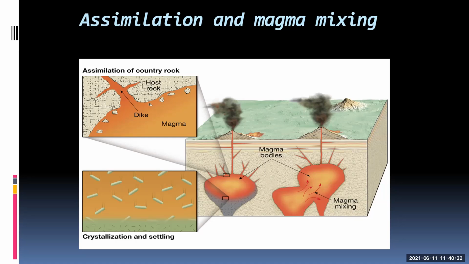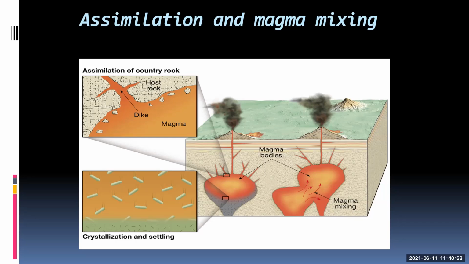The rock that surrounds a magma chamber is often called the host rock or the country rock. Taking bits of that host or country rock and dropping it into the magma chamber, those materials will melt. And as they melt, the elements that they contain are then added to the magma chamber.